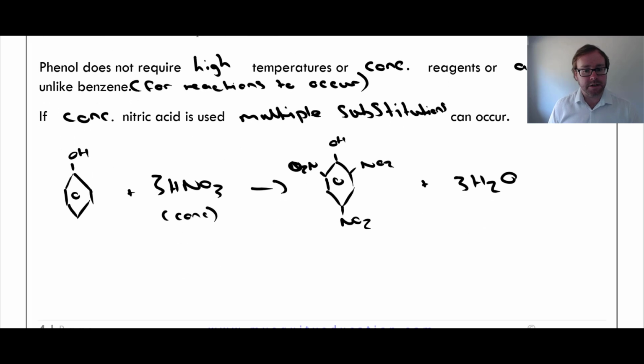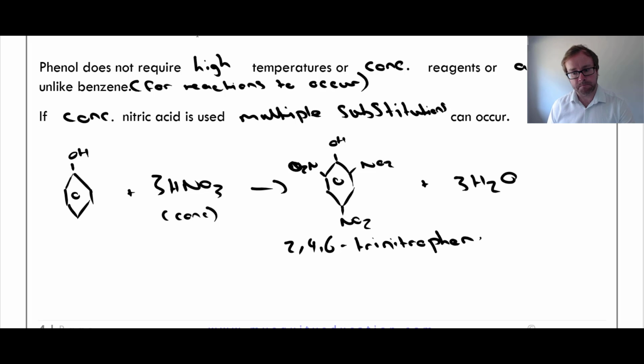And as I just said, I know you can work this out yourself, so we'll just write this down. 2,4,6-trinitrophenol could be produced. So depending on whether we've got concentrated or aqueous nitric acid, we're going to get different products produced. Okay, so we will move on.